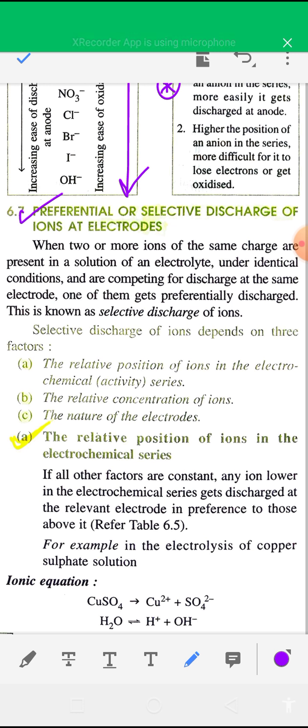The selective discharge of ions depends on three factors. One is the relative position of the cation and anion in the electrochemical series. Second factor is the relative concentration of the ion, and third factor is the nature of the electrode.